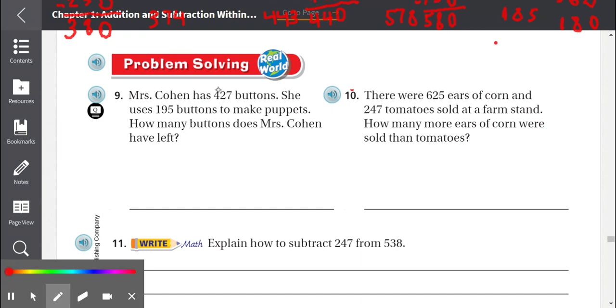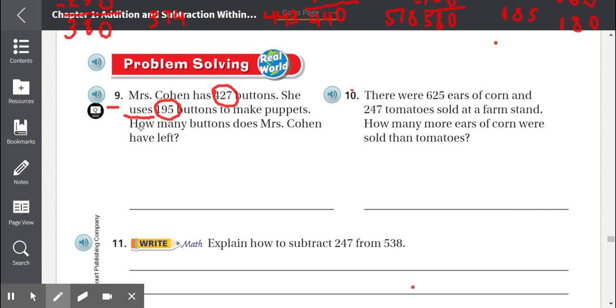So Mrs. Cohen has 427 buttons. She uses 195. And I'm going to circle uses because if she's using them, she has less now. So that means we're going to be subtracting. So uses is a keyword that tells us we're going to subtract.